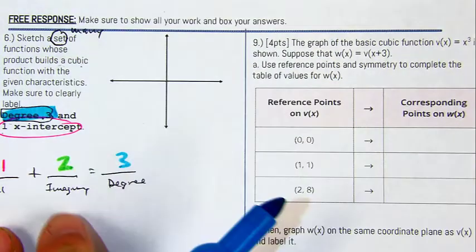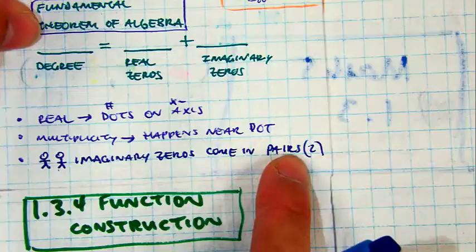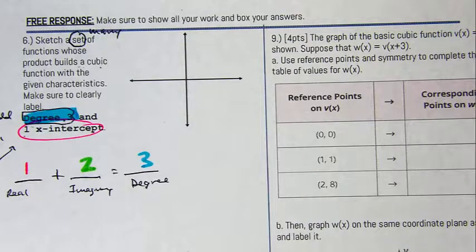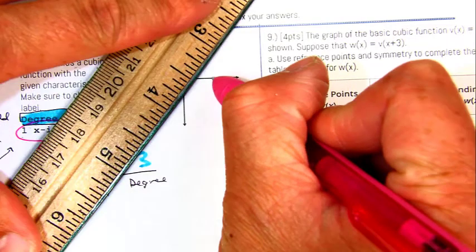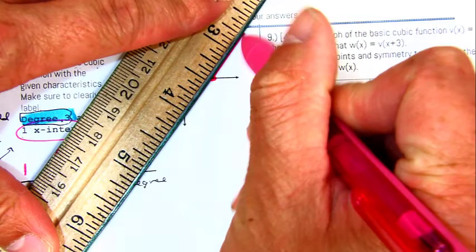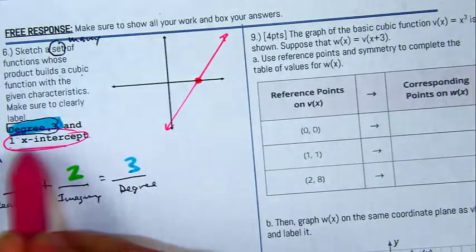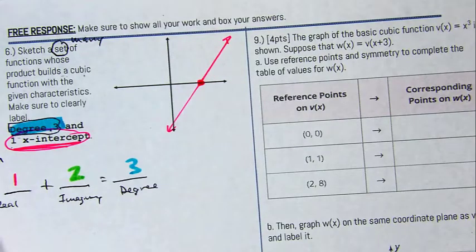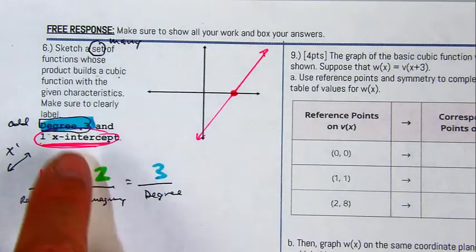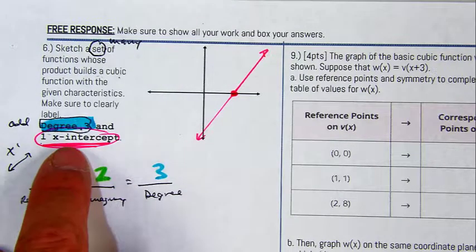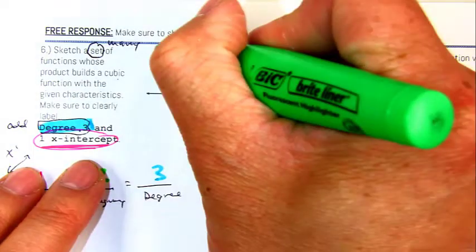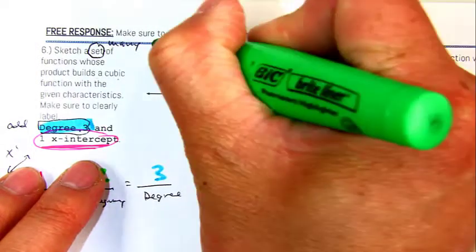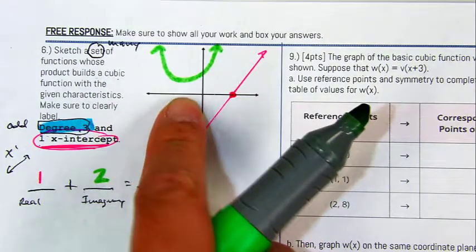Remember your hint that imaginary zeros come in pairs. So if I draw this pink one, that means it must be a linear, and it has to go through, that's my 1 x-intercept. So my 1 x-intercept is right there. Now, to draw two imaginaries, that would have to be a quadratic, and it cannot touch the x-axis. Okay, that's why it's called imaginary.